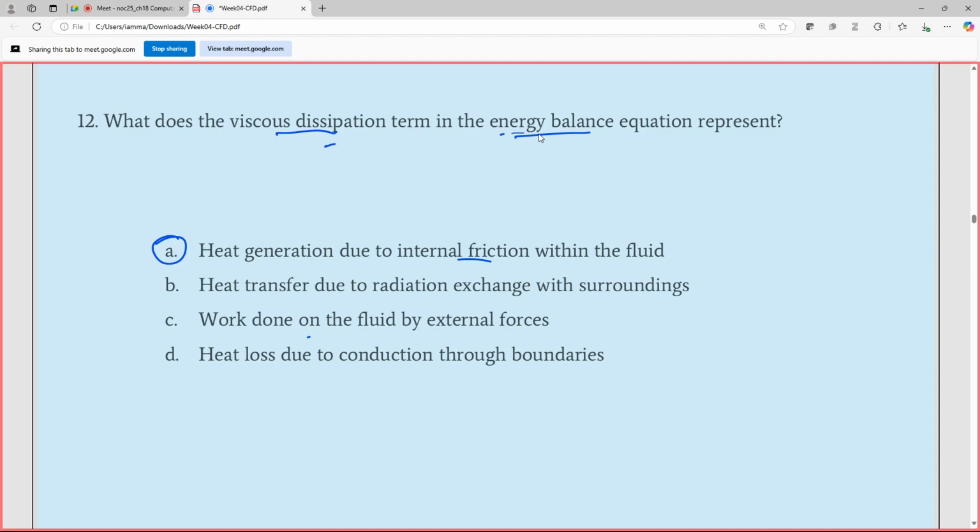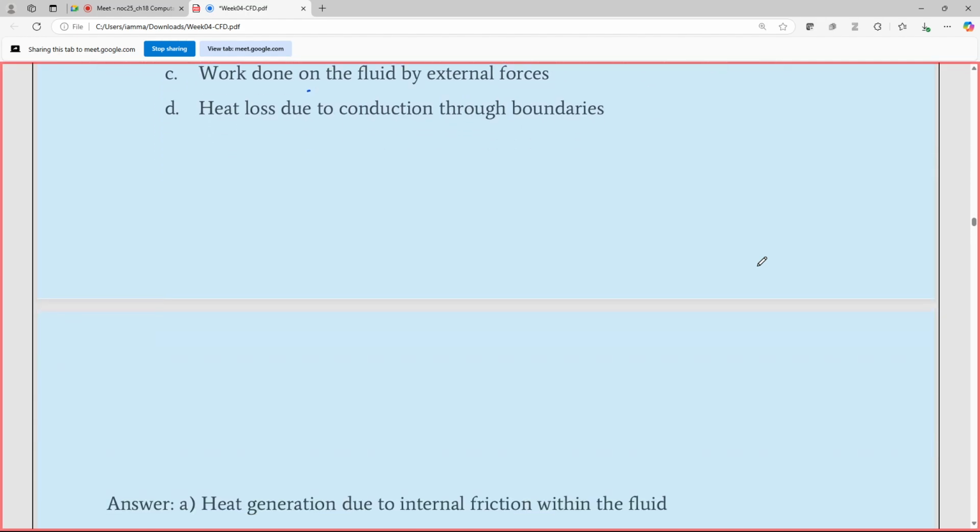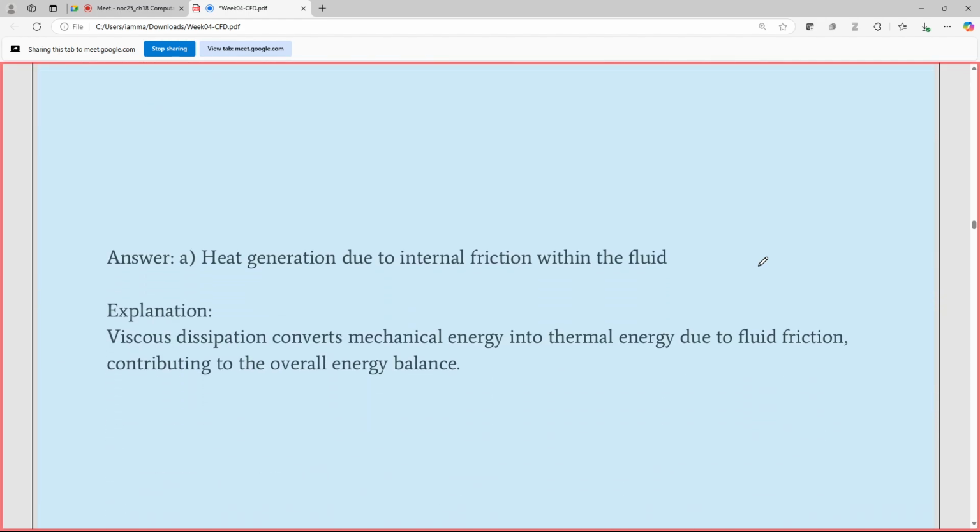In the case of the energy balance equation, it shows the heat generation due to the internal friction between the layers of the fluid. Our option is option A, heat generation due to internal friction within the fluid.